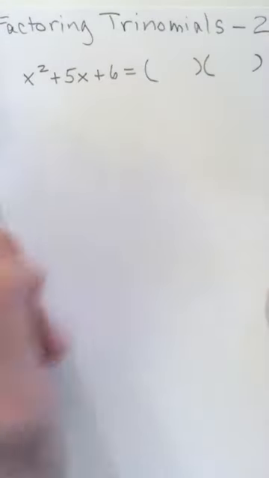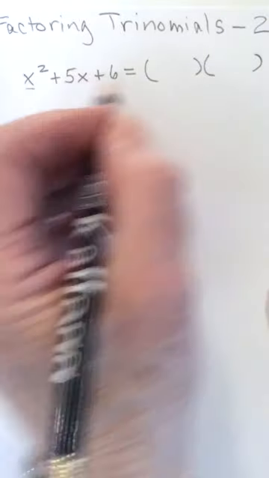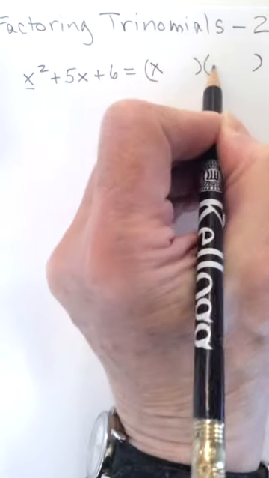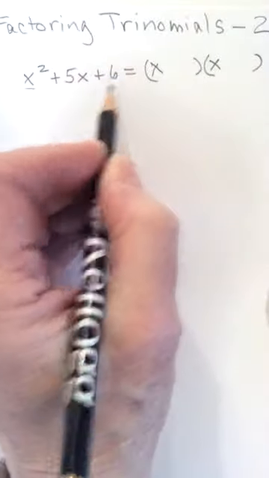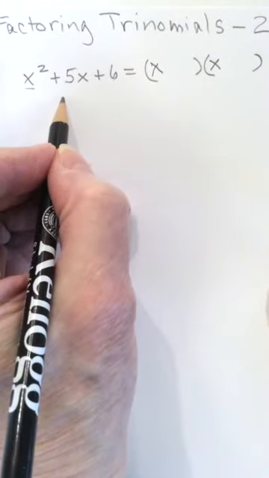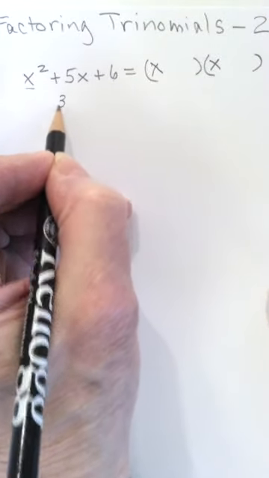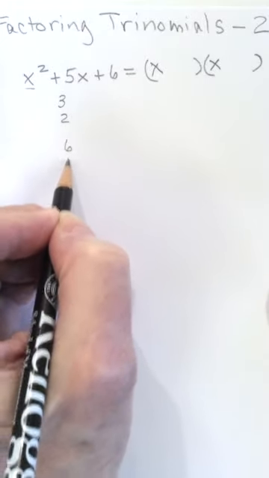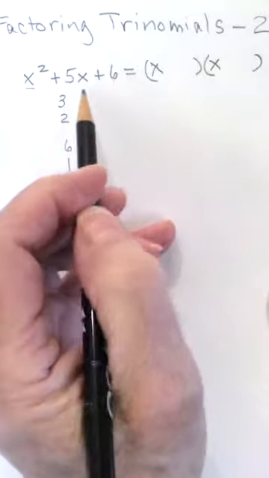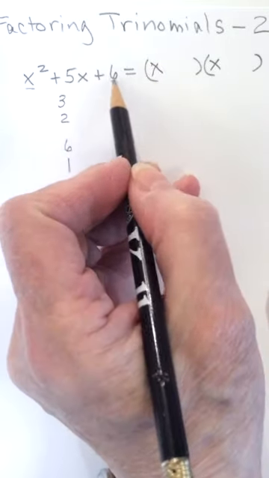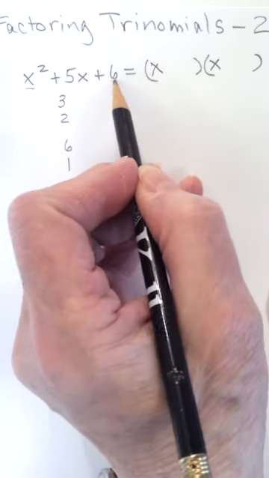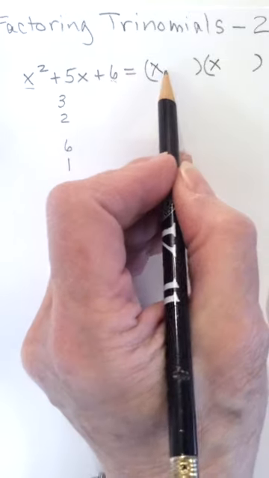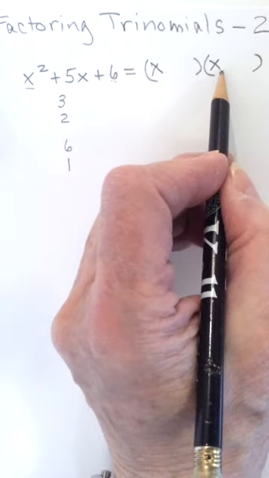X squared, that's pretty easy, comes from x times x. In order to get 6, I have to use a 3 and a 2, or I could use a 6 and a 1. But I know that because the last number is positive, the signs here are going to be the same.